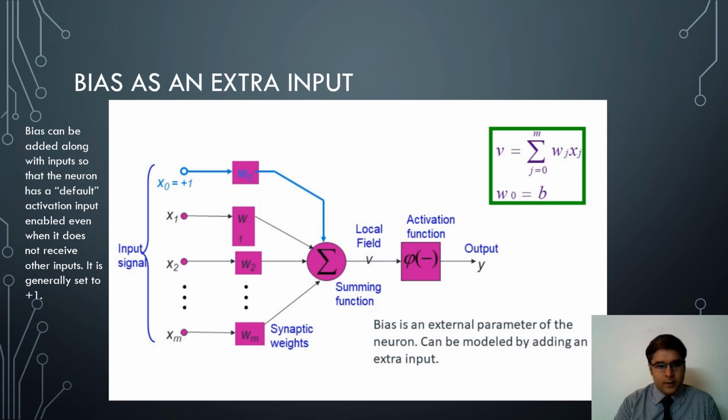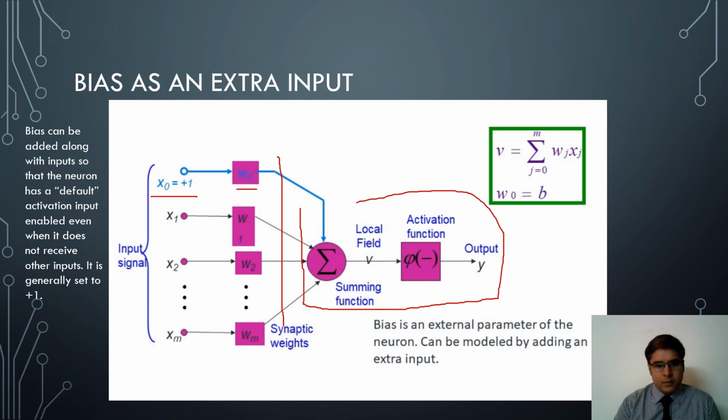So here is the bias as x naught, provided along with a weight w naught to the input layer here, and along with all the other inputs it is passed on to the computational neuron that gives the output y.